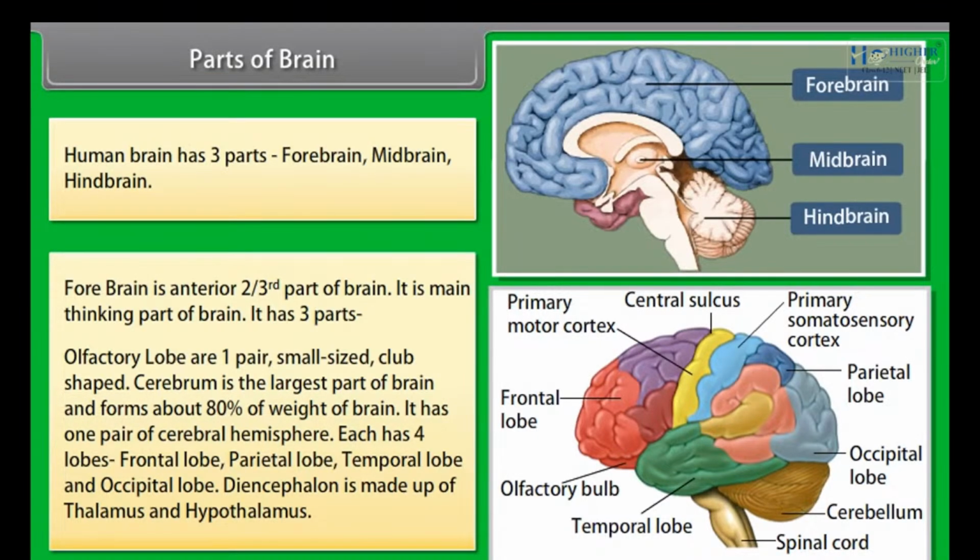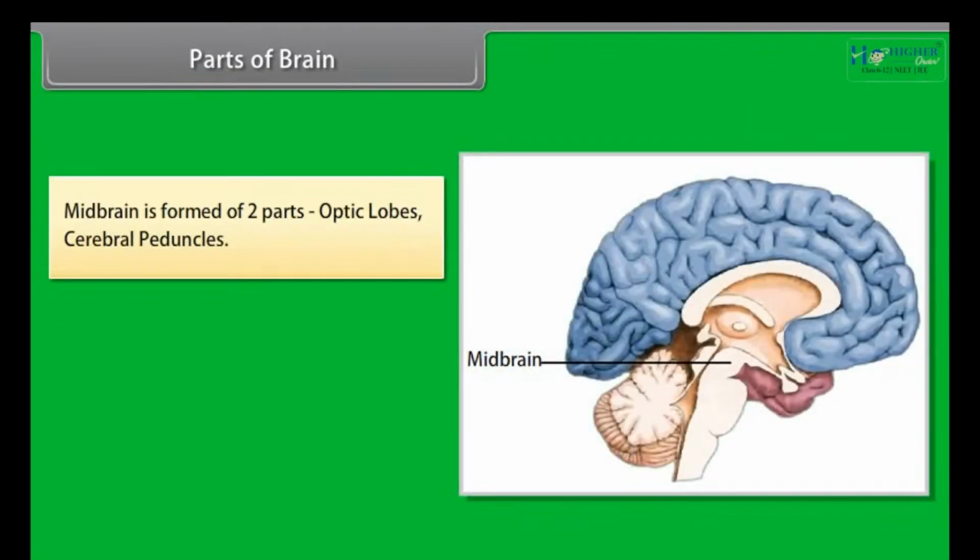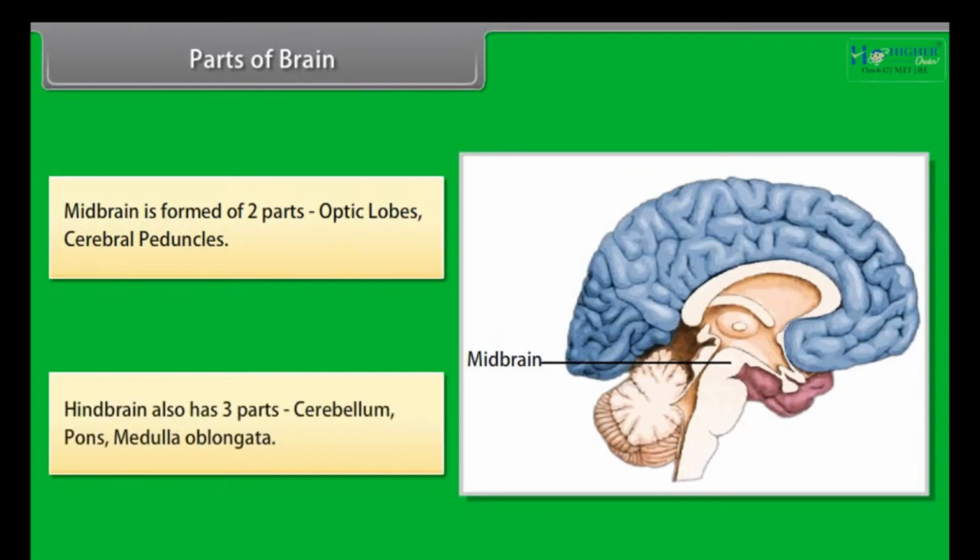It has one pair of cerebral hemispheres. Each has four lobes: frontal lobe, parietal lobe, temporal lobe, and occipital lobe. Diencephalon is made of thalamus and hypothalamus. Midbrain is formed of two parts: optic lobes and cerebral peduncles. Hindbrain also has three parts: cerebellum, pons, medulla oblongata.